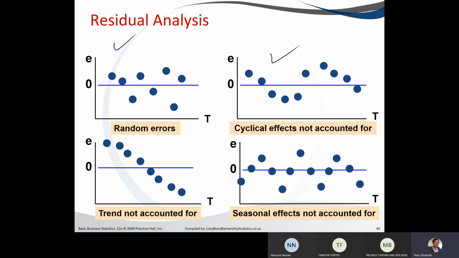Or the errors can be a trend, which means the errors form part of a trend line. And you can also get a seasonal effect that cannot be accounted for.